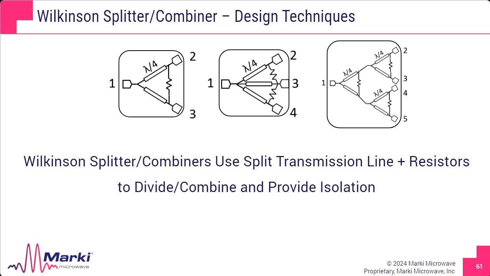Unlike resistive dividers, a Wilkinson divider is more like the very first one we looked at, where it uses a split transmission line. Only it uses a split transmission line and resistors for the power splitting and to provide isolation between the output ports. One of the main advantages of the Wilkinson approach over resistive is its significantly improved isolation.